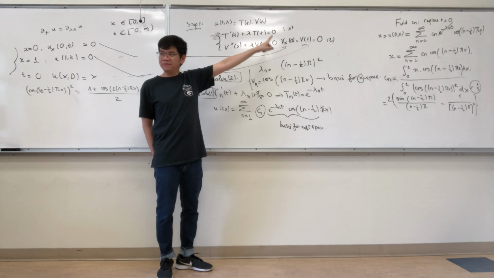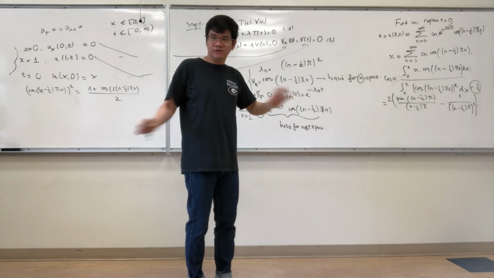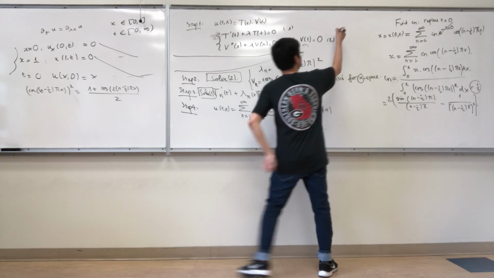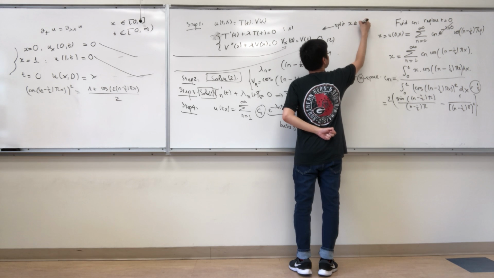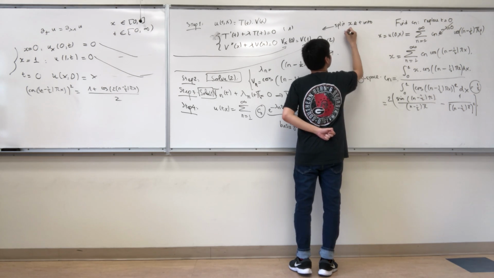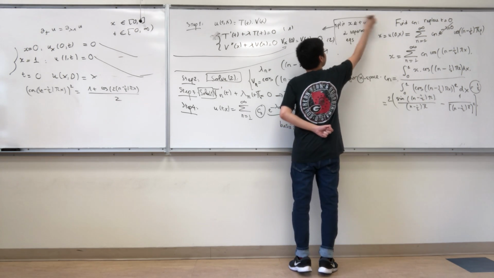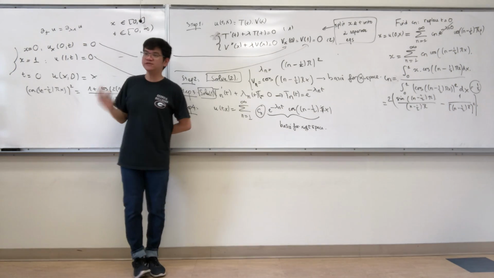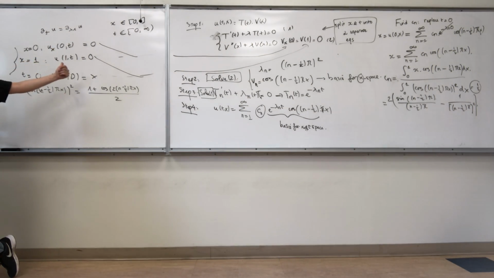So the power of this method is that you split x and t into two separate equations. When you use this and that in the equation, you split x and t into two different equations.